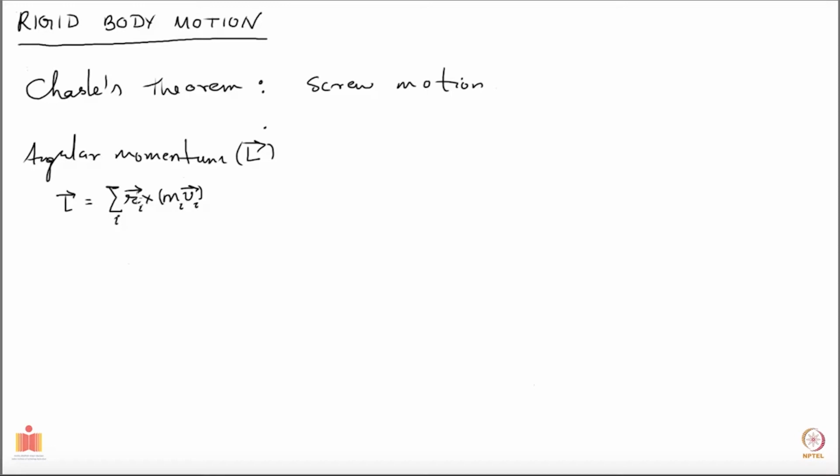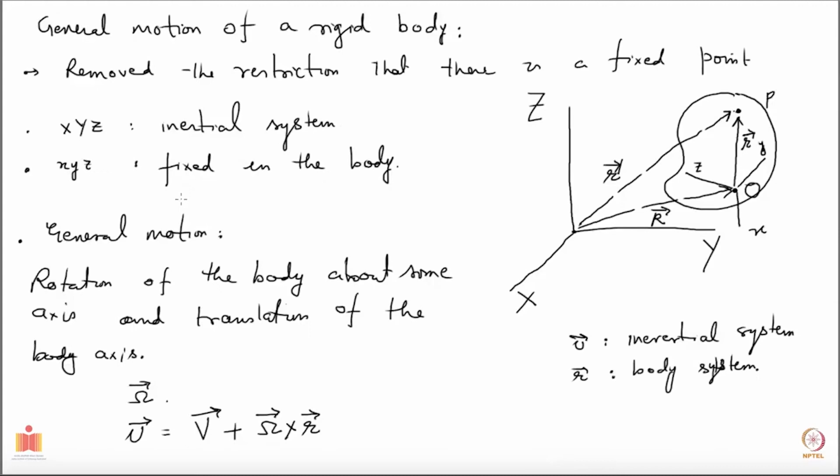But since there is a summation symbol and I know that all these quantities are determined by this index, I will just omit the index i. It keeps the notation uncluttered. Sorry, it should be r prime. So I'm looking at this: r prime is the location of this point, and v is the velocity of this point.